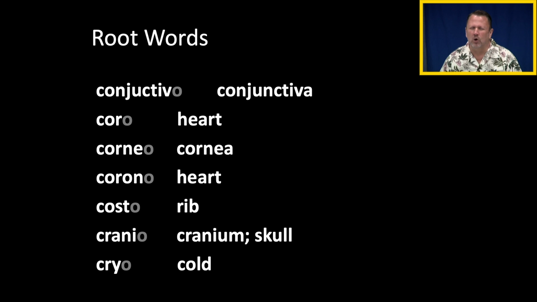All right, corono means crown. Corona means crown, and there's all sorts of crown words that refer to corono. And so if we take the heart and we strip away all the muscle, and we're left with this cartilaginous ring with these valves that point up, it looks like a crown.